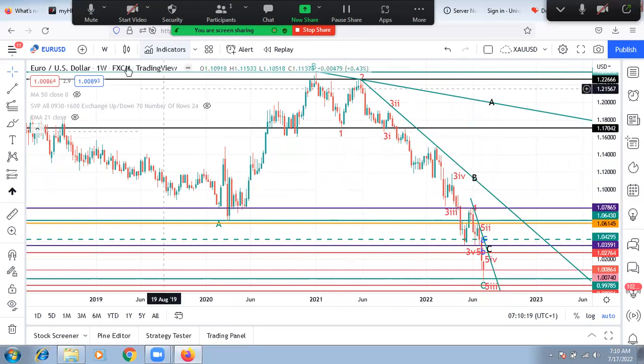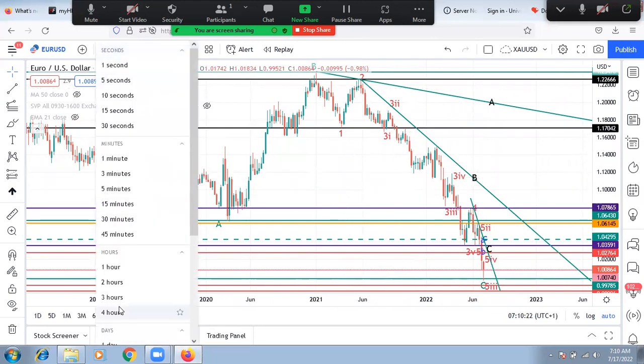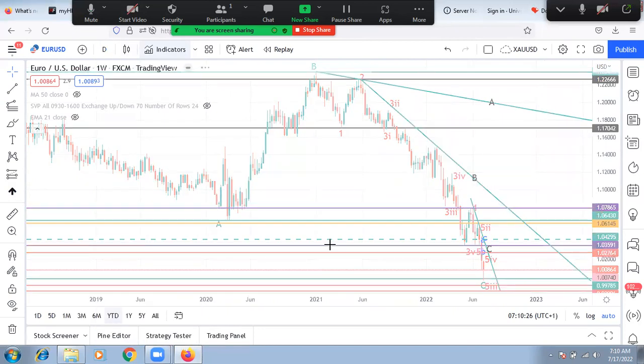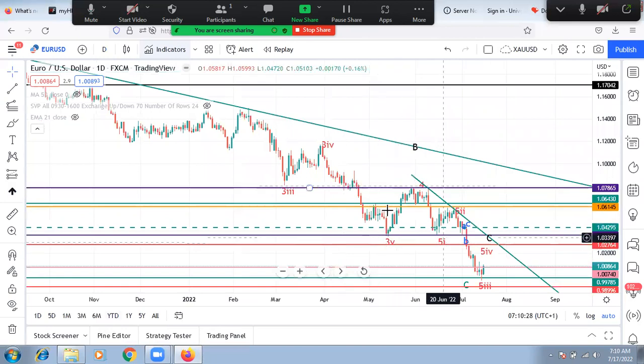So if we go to the daily time frame, we are much after this new rally here. Forget what is happening here. We need to overcome this one first and see what exactly is happening here.